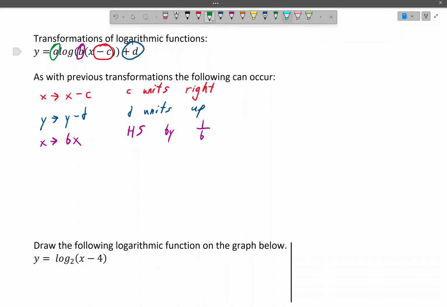And then last but not least, y is being replaced with y over a, because you could divide the a over, and that means there's a vertical stretch by a factor of a. And both of these could result in a vertical reflection or a horizontal reflection if you made one or both negative.